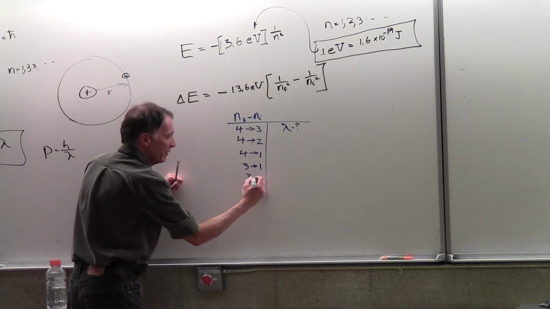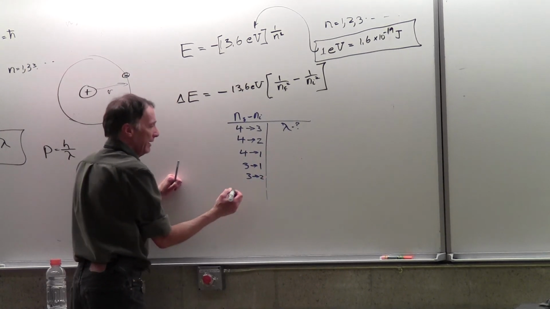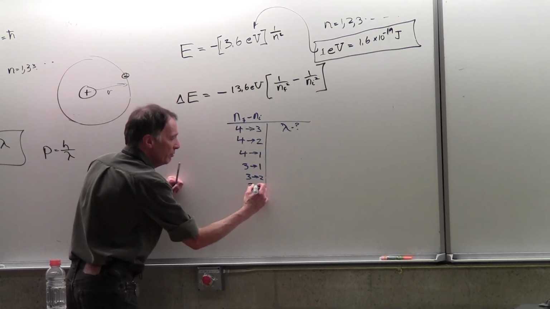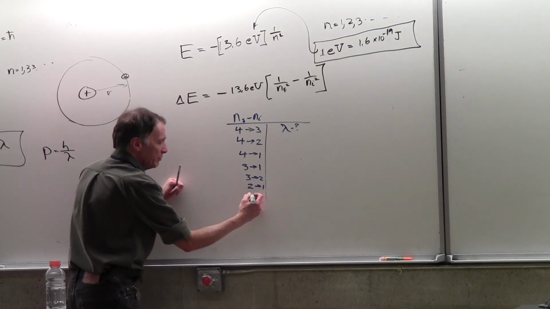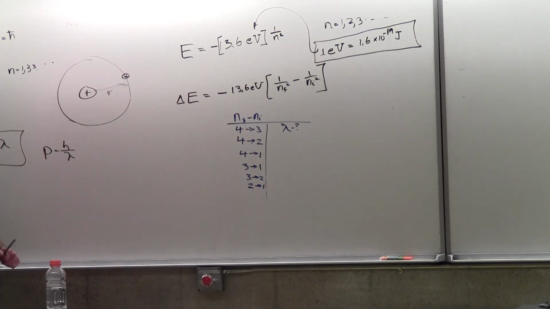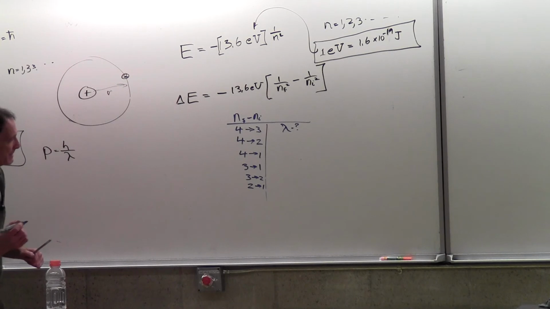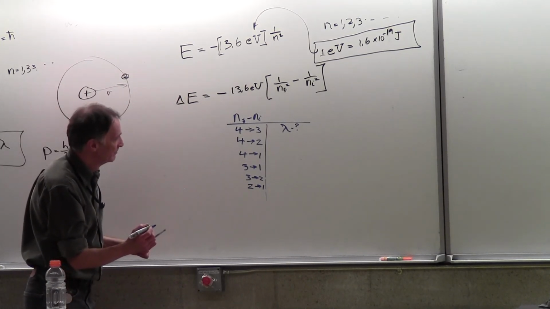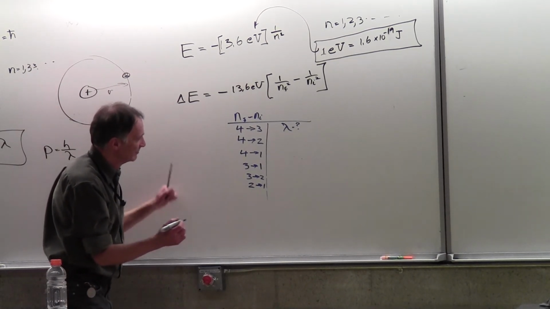I could go from 3 down to 2. I could go from 2 to 1. What am I forgetting here? 3 to 2. You're good.